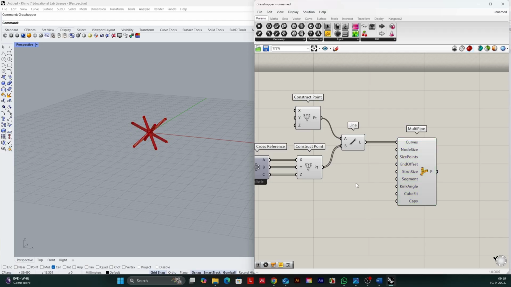Also, we can define a strut size using a panel component, and it will be half of 1 unit.